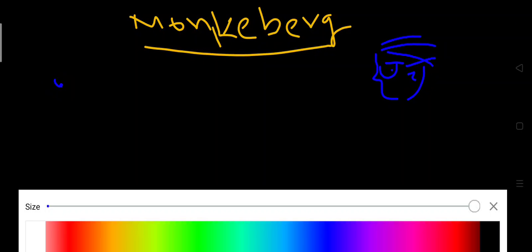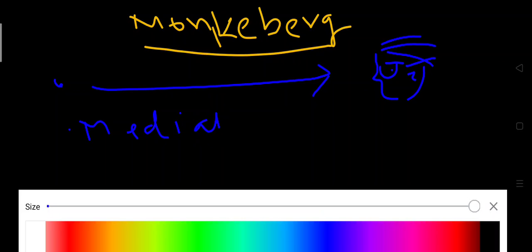The name is given based on the person who first described it. I think in 1903 he first described this entity, so the condition is named after him, Monckeberg arteriosclerosis. It has another name also, that is medial calcific sclerosis.